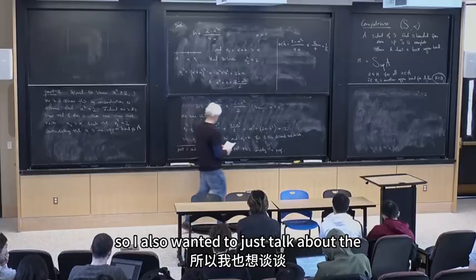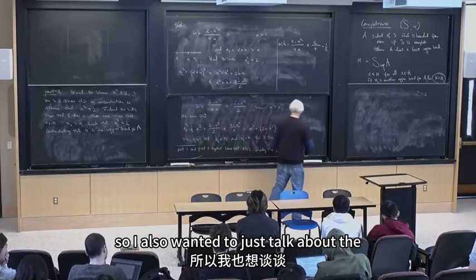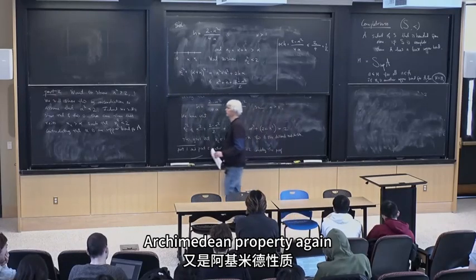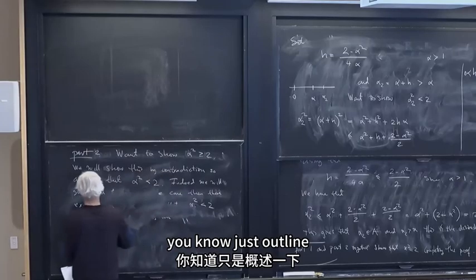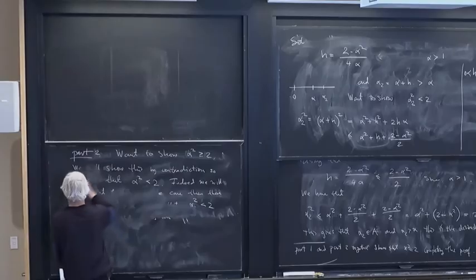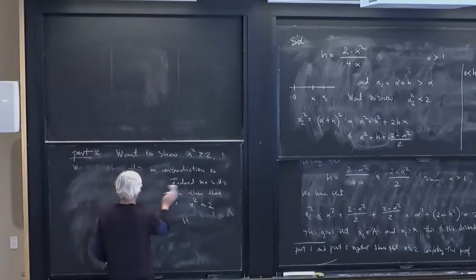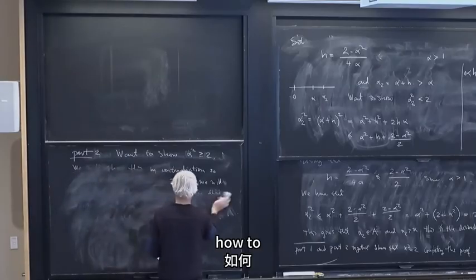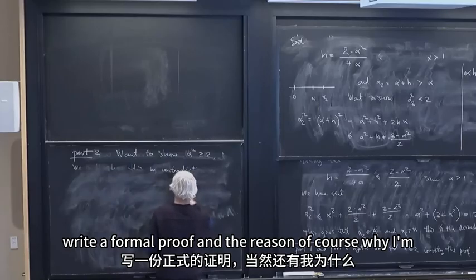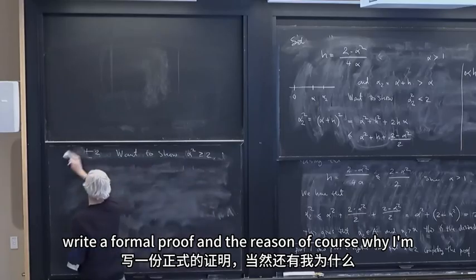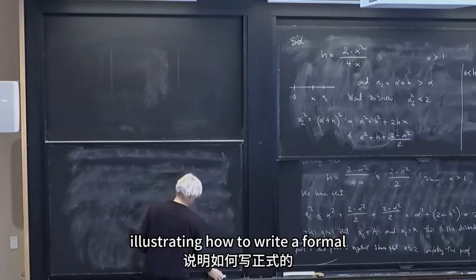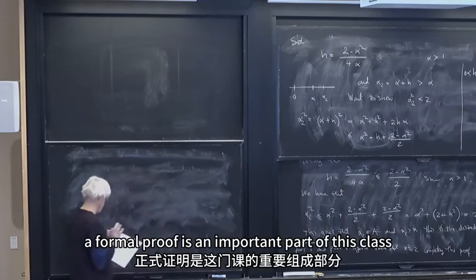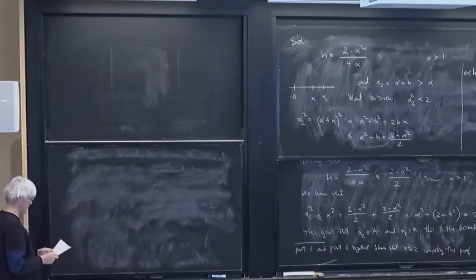I also wanted to talk about the Archimedean property again, and again just outline how to write a formal proof. The reason I'm illustrating how to write a formal proof is that it is an important part of this class.